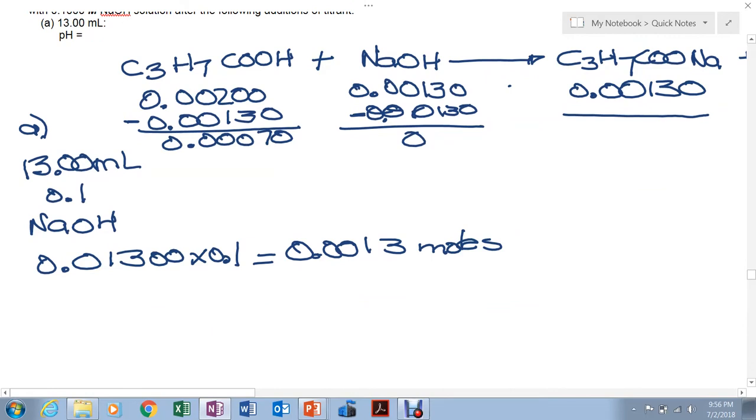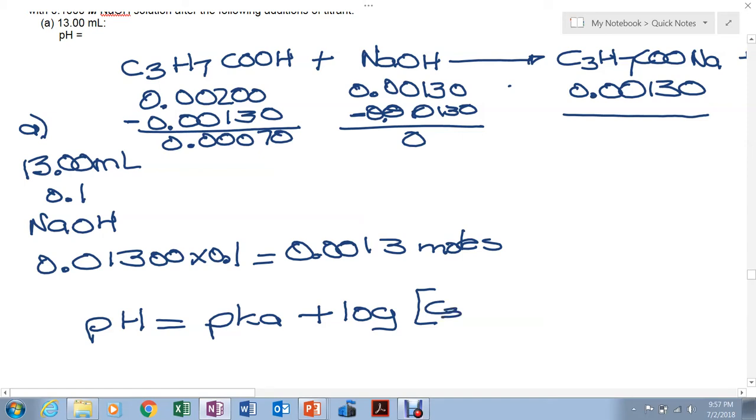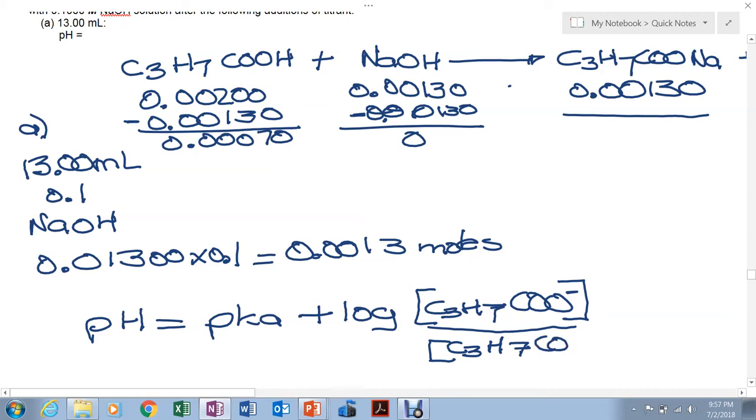So basically what you have now is that the pH would be the pKa of this acid plus the log of the concentration of the base, which is the conjugate base, CH3COO-, divided by the concentration of the weak acid, which is CH3COOH.